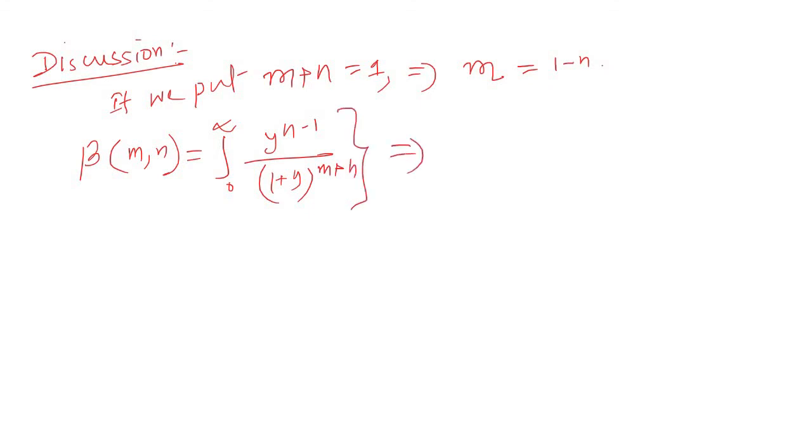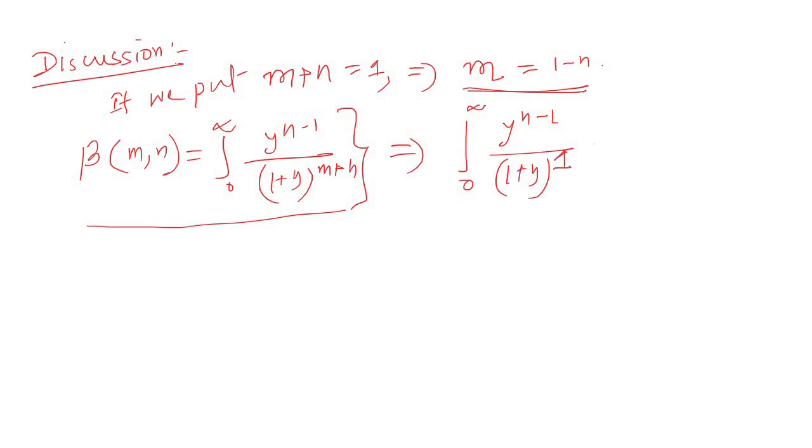This relation is going to be, after putting this value, the integral from 0 to infinity of y to the power n minus 1 over (1 plus y) to the power 1 dy, equals beta(n, 1 minus n).